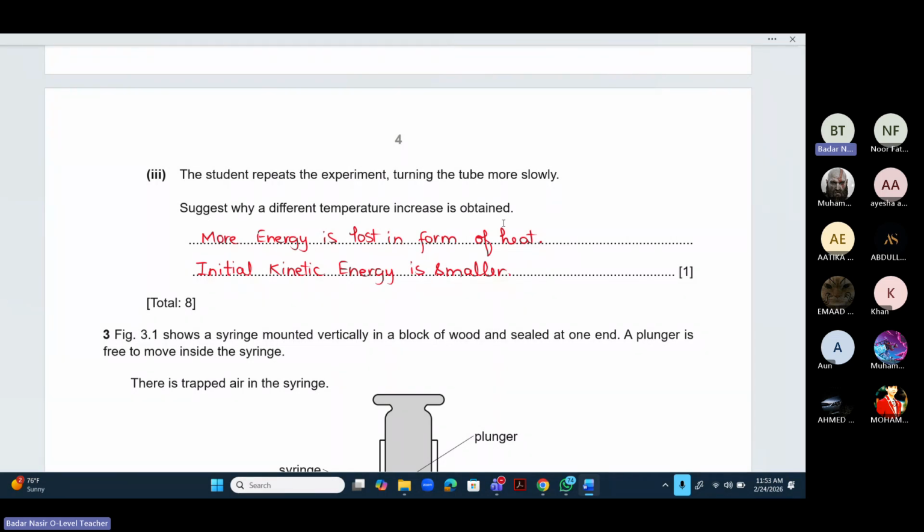The heat energy is lost into the surroundings. ठीक है? तो उनका अपना जो टेम्परेचर इंक्रीज हो रहा है वो कम होगा। फिर अगर वो मेटल के पीसेस एनर्जी को रिटेन नहीं करते, और वो लूज कर देते हैं एनर्जी, तो उनका जो टेम्परेचर चेंज है वो कम होगा। And since their starting kinetic energy is smaller, so definitely conversion के बाद उसकी energy जो है that will also be lesser.